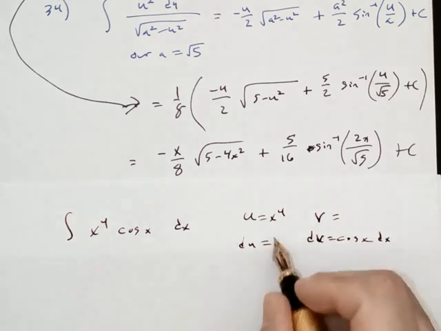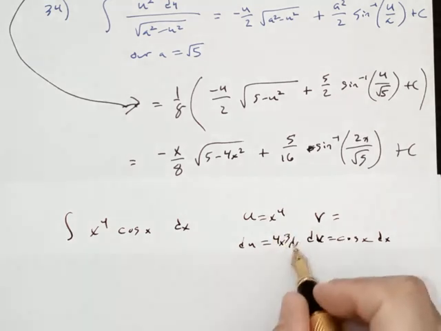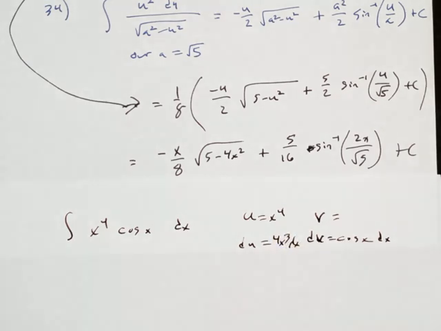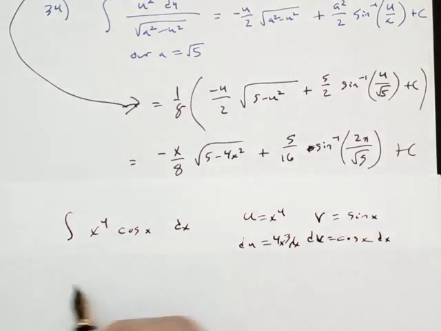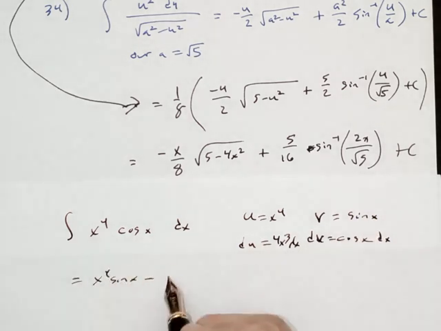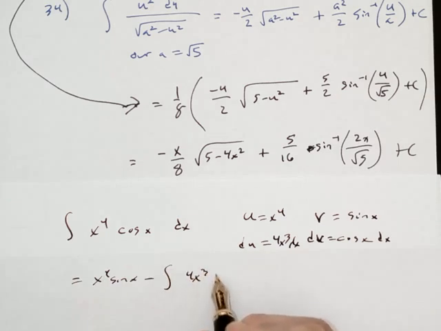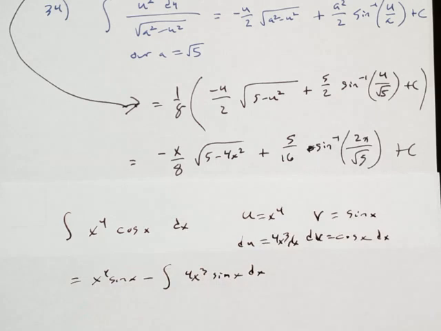Before, x cubed. And v is sine of x, which means when I do integration by parts, uv minus the integral v du, I'll have another integration by parts.